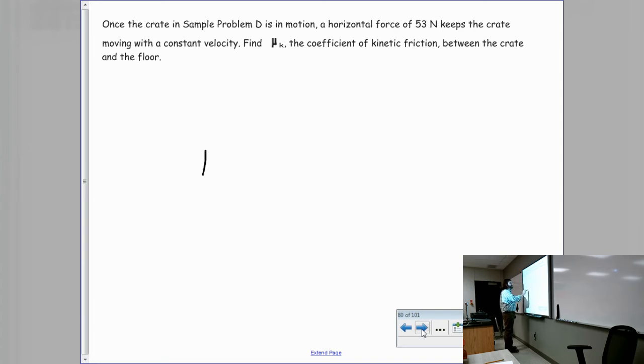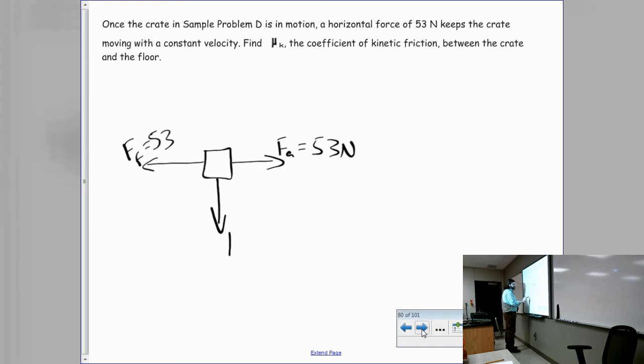Well, let's draw a free body diagram of that again. Now we have a force applied, and that force applied is 53 newtons keeping it in motion. That means the friction force backwards, since it's also in constant motion, is also going to be 53. From our previous problem, the force of gravity, or the weight, is still the same.